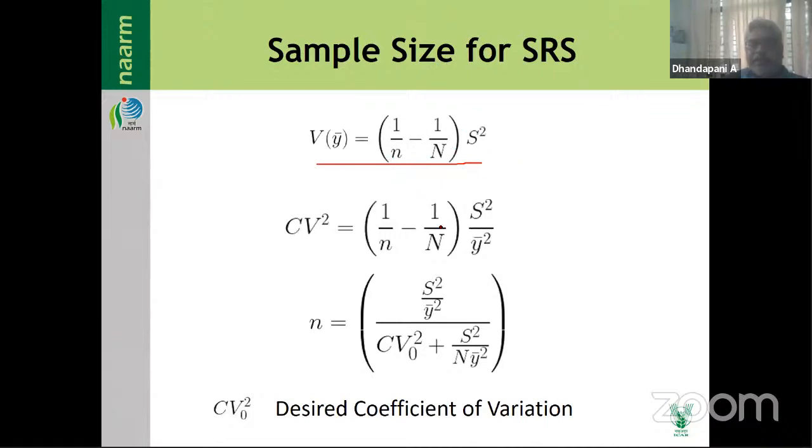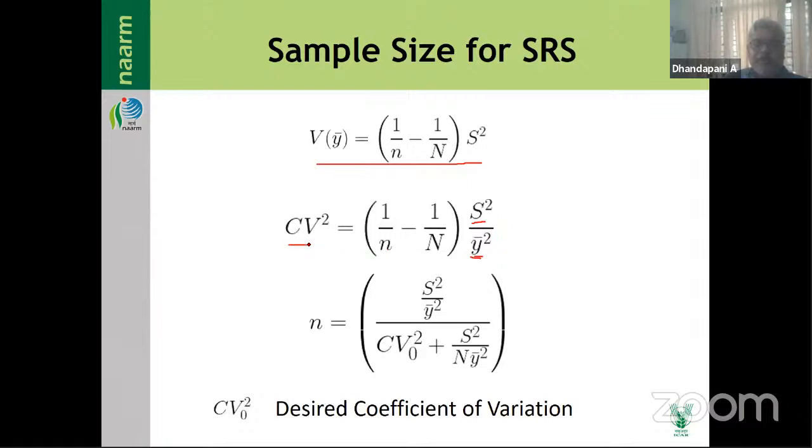So here, suppose instead of variance, I divide this by the population mean square, actually this should be capital Y bar squared. This is the population variance and this is the population mean square. So the square of the coefficient of variance will be something like this.